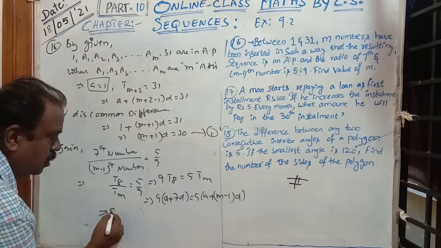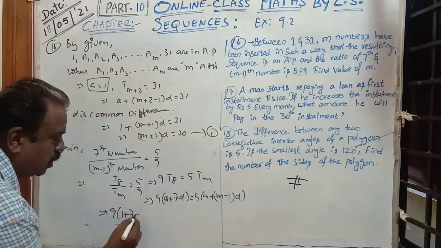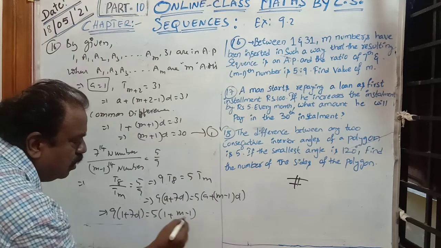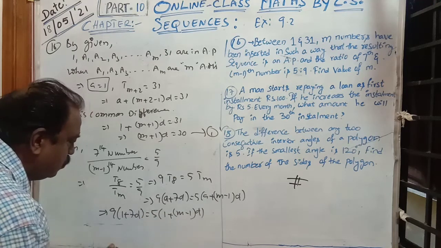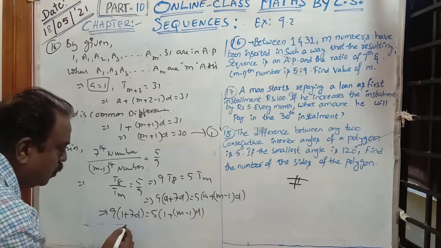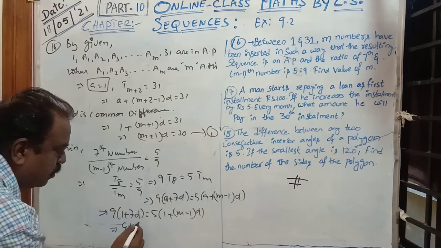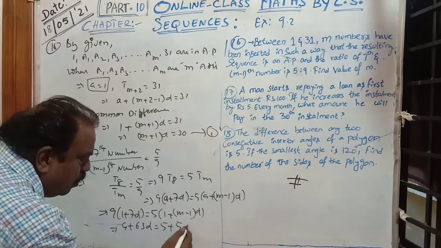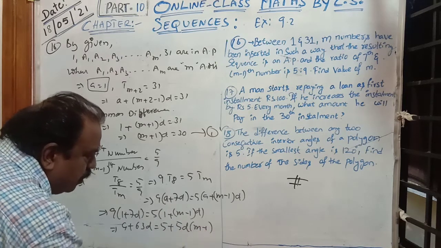Here it is 9 of (1 plus 7d) is equal to 5 of (1 plus (m minus 1) into d). A is equal to 1. It is 9 plus 63d equal to 5 plus 5d of (m minus 1).